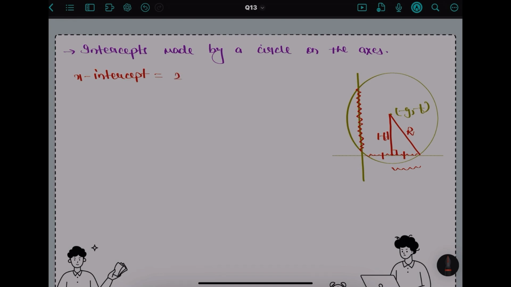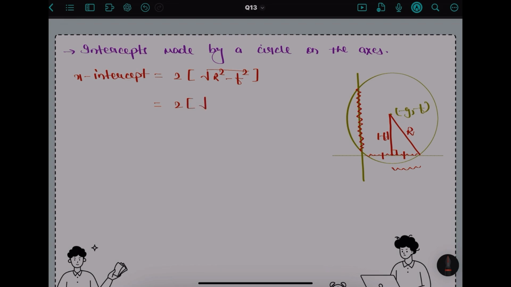So can I say it is 2 times root over radius square minus perpendicular square? Hypotenuse minus perpendicular will become base. Correct, right? Now be super slow. Do you remember what is radius square?